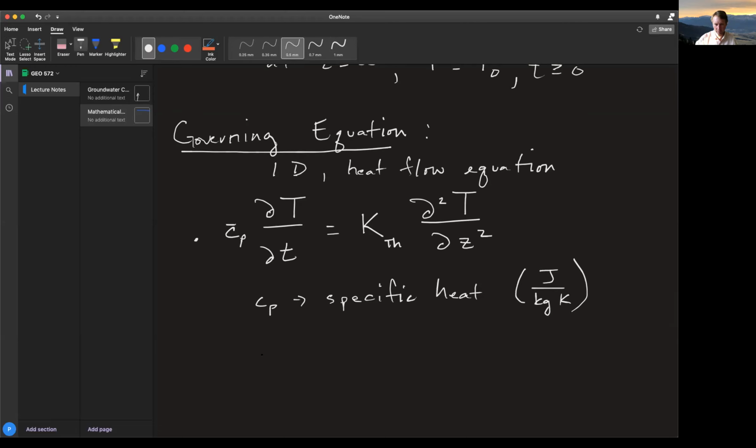This guy here, K_th, is the thermal conductivity.